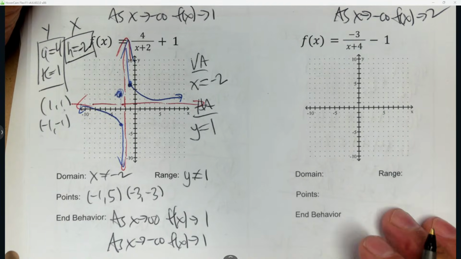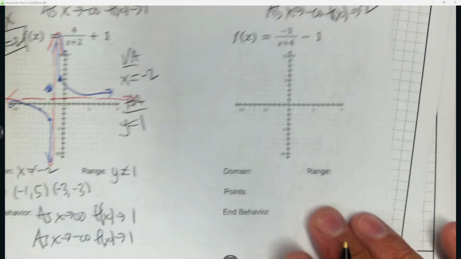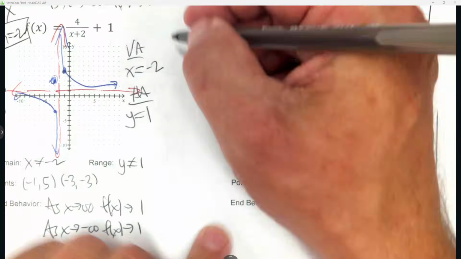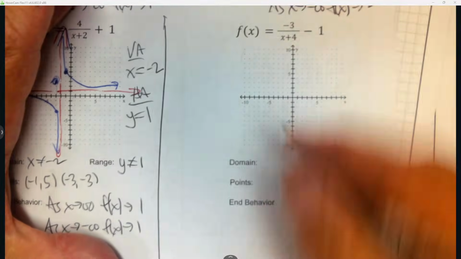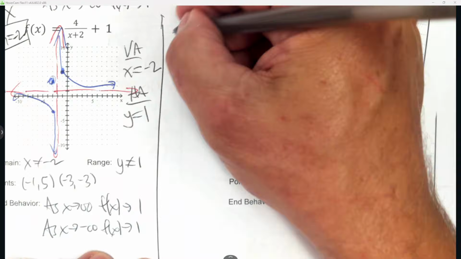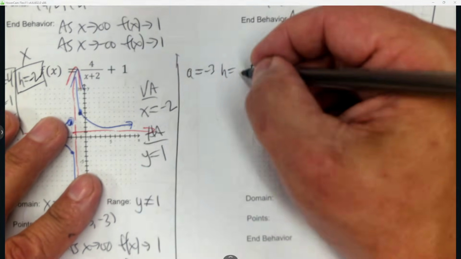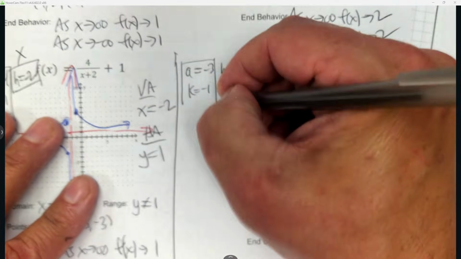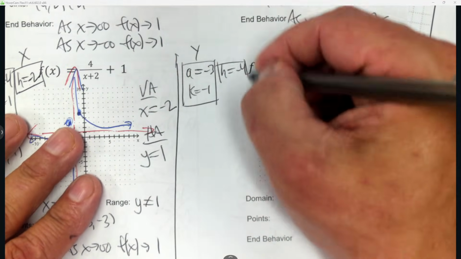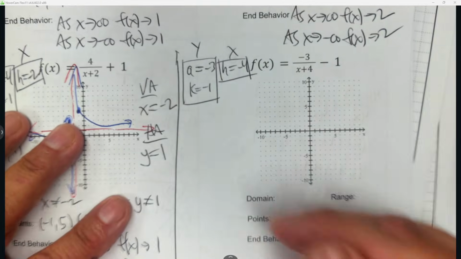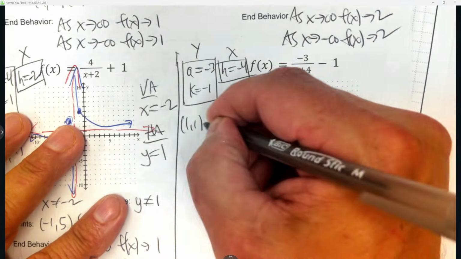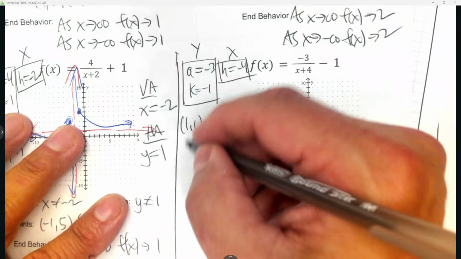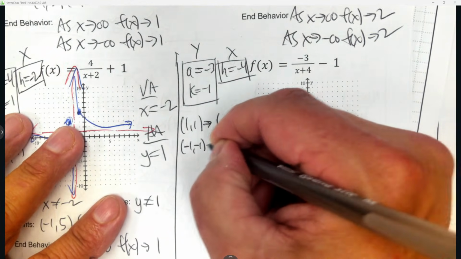All right, one more of reciprocal, and then we'll look at rationals and so on. So I'll put a line right here. So we have a is equal to negative 3, h is negative 4, and k is negative 1. This changes the y value, and this changes the x value. We're going to start with (1, 1) and change it, and (-1, -1) and change it.